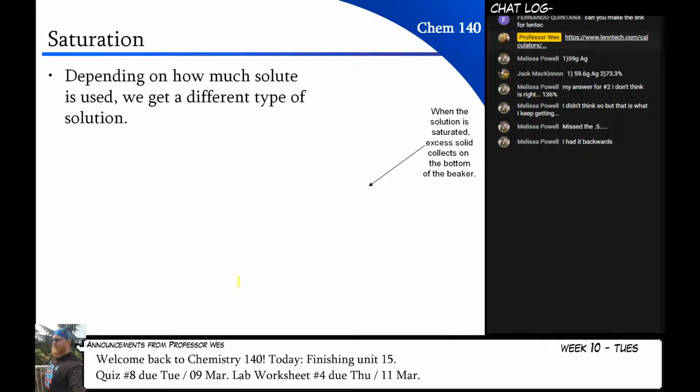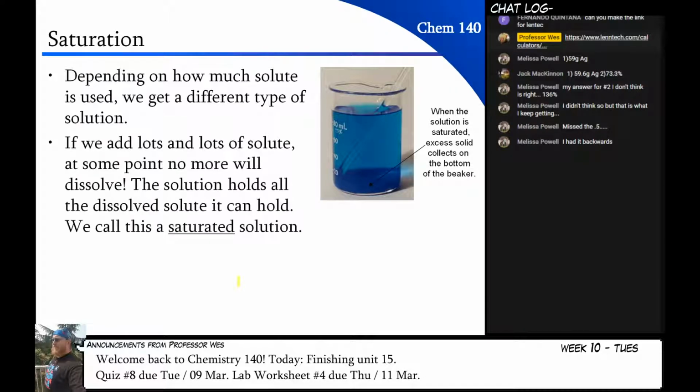Now, even if something is soluble, there is a limit to how much you can dissolve in a given volume of water. So, for example, this is copper sulfate. Copper sulfate is quite soluble in water, and you can tell because the solid is blue at the bottom, and up at the top when I look in the liquid layer, it's also blue. At some point, though, all of the solid will dissolve that the solution can hold.